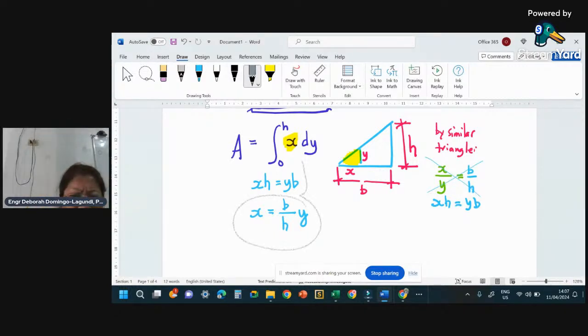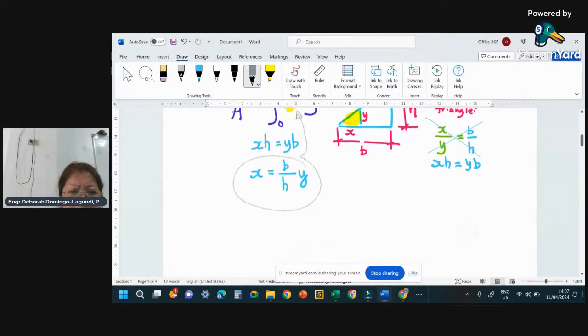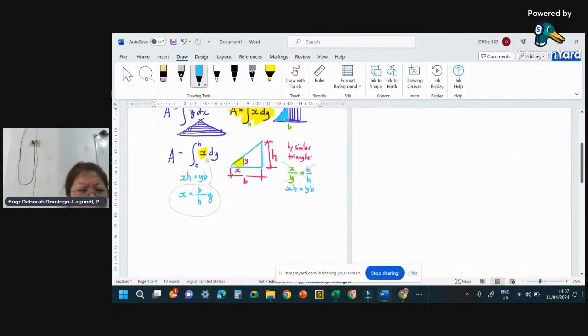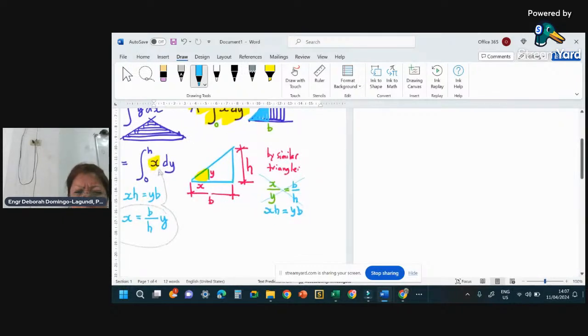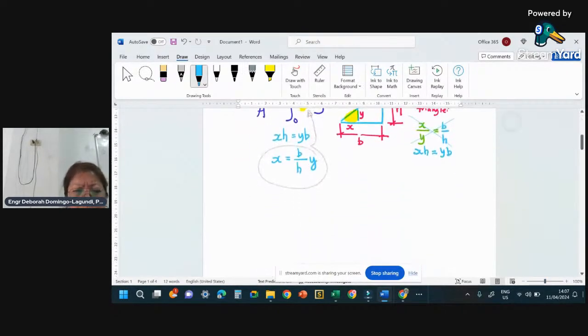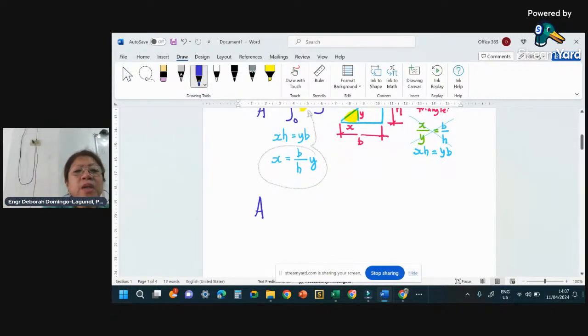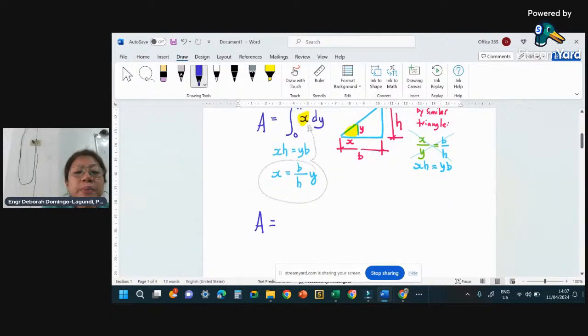Let's bring this one and substitute it to x. So you have, I'll make it smaller so you can see a better view, area is equal to b over h times y dy, the integral from 0 to h.